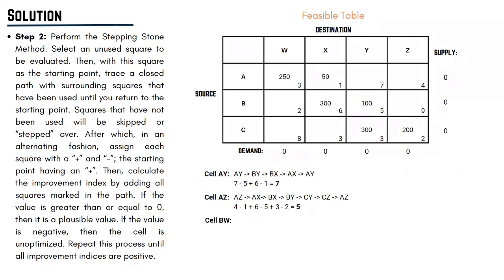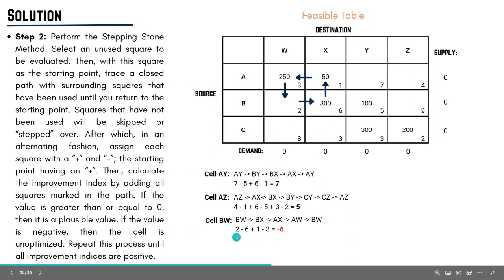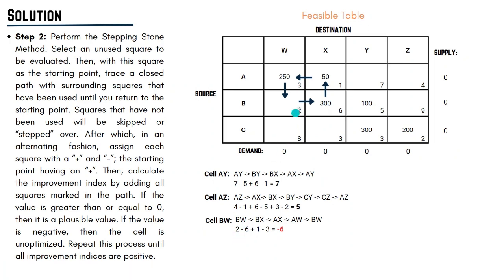Now let us move on to cell BW. Can you solve for it? We can either go from cell BW to AW or BX. Either way is okay. For this case, we went from BW to BX. So again, assign the plus and negative signs. So we have 2 minus 6 is negative 4, plus 1 is negative 3, minus 3 is negative 6.